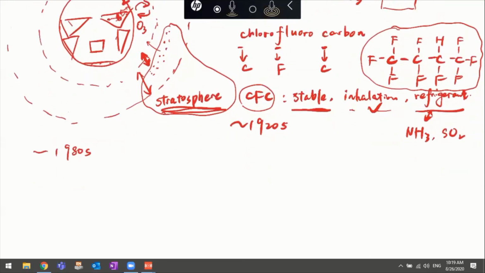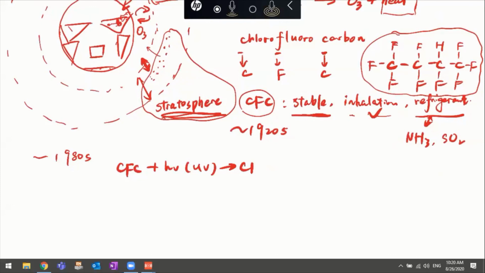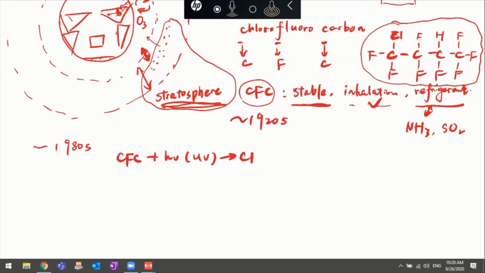So what happens is CFC will react with a high energy light, for example, the UV light, to form chlorine. Okay. So when I write the chemicals, there are also some chlorines inside. Basically, it's the chlorine that's playing a major role in this process.